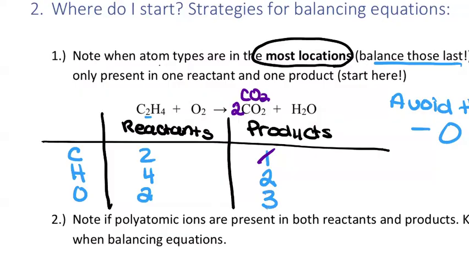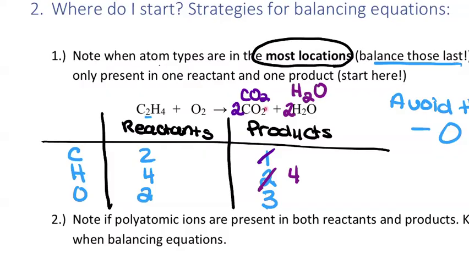Okay, now hydrogens on the left, you have two, you have four, and on the right, you only have two. So you need two more hydrogens. So you're going to bring in another H2O. So I bring in my second H2O, that gives me four H's. Now I have two O's on the left, and let's see how many we have on the right.